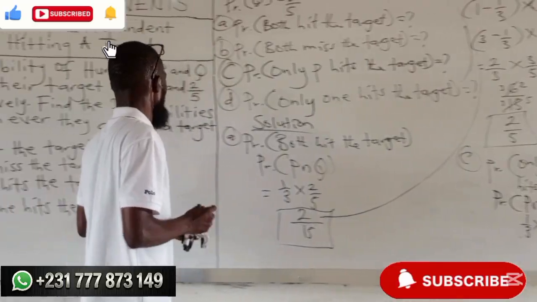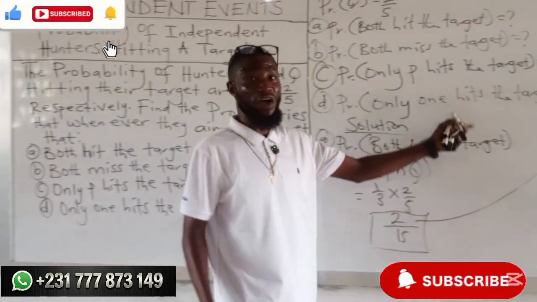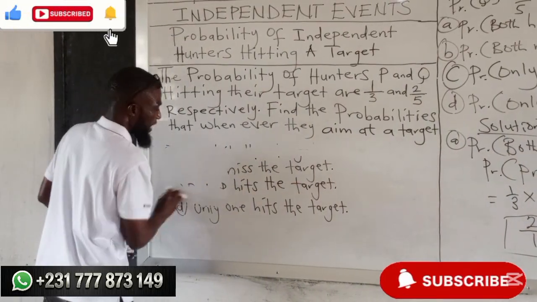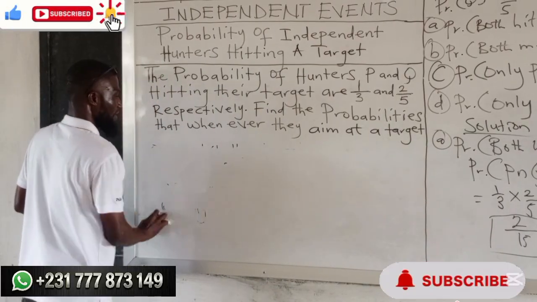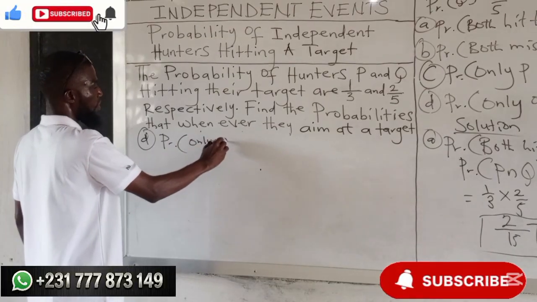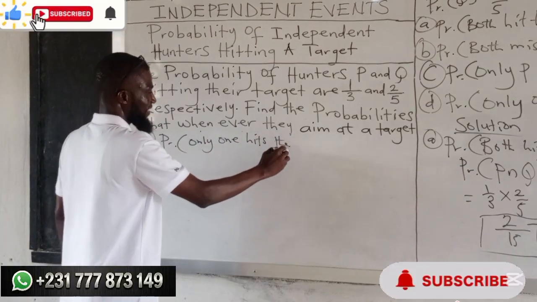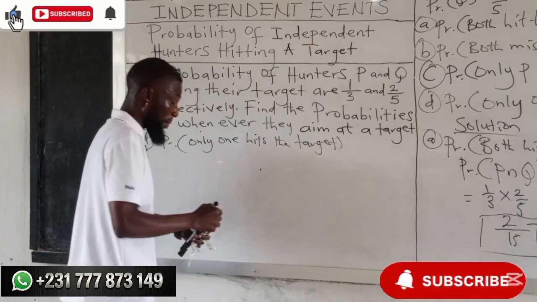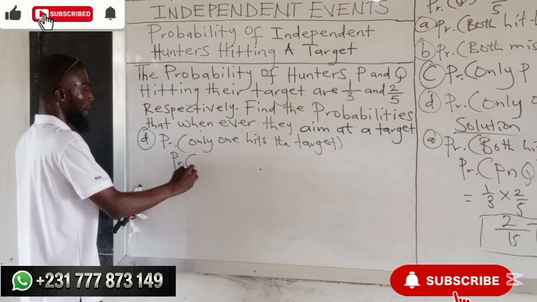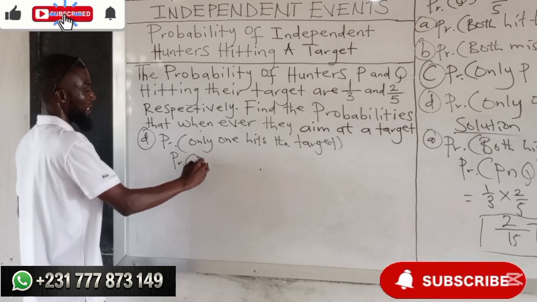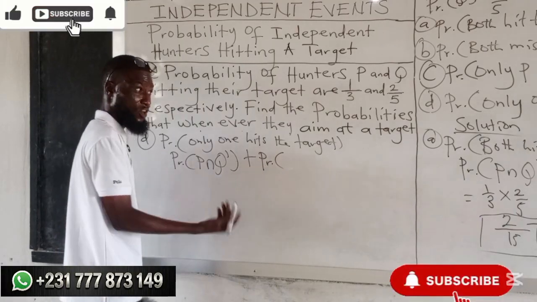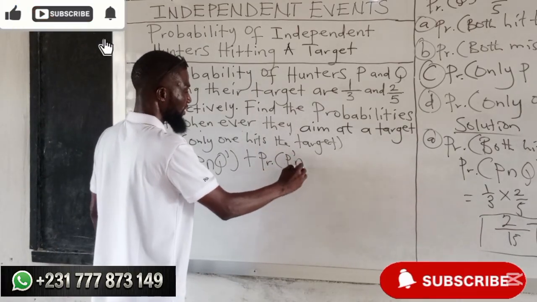So on this note, ladies and gentlemen, we'll be finding the probability that only one hits the target, which is letter D. Based on our problem and the information given, the probability that only one hits the target will be expressed as the mathematical formula: probability of (P intersection Q complement) plus the probability of (P prime or complement intersection Q).